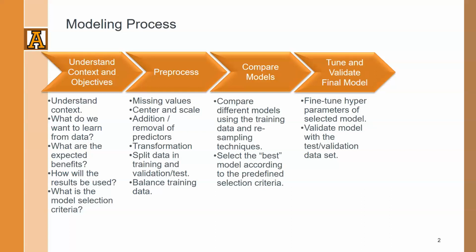Most of the models that we're going to study here have something called hyperparameters. Hyperparameters are parameters that cannot be estimated from the data itself, but we need another device to estimate the best values for those hyperparameters.